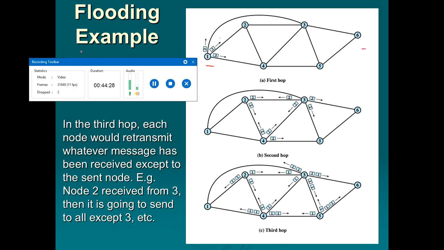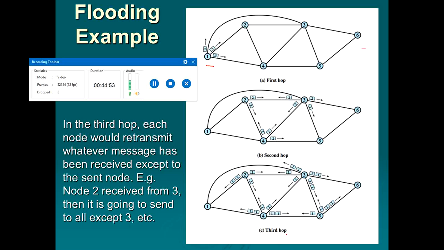Now, unless something is done to stop this retransmission of packets, the number of packets in circulation grows without any bound. And one way to prevent flooding the network with such a large number of packets is to identify those packets which have been already transmitted.